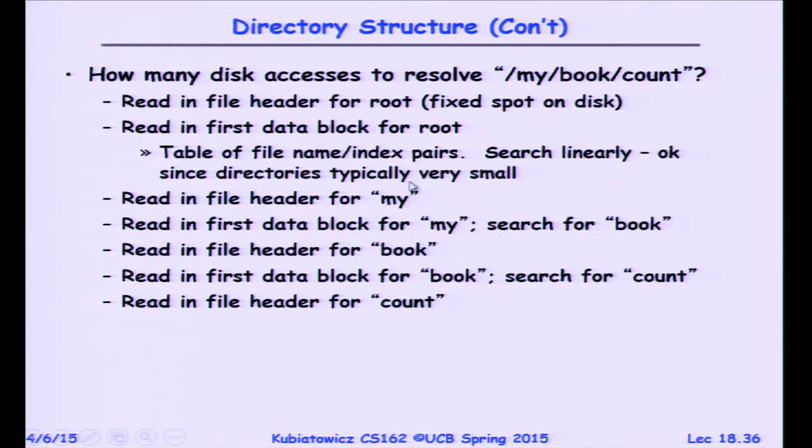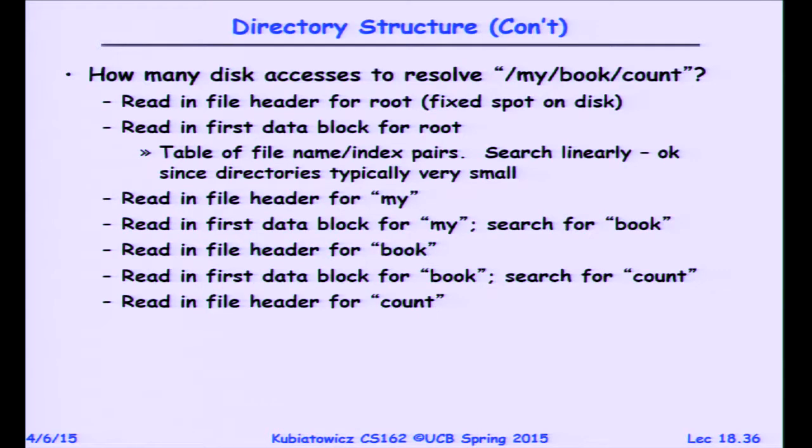Then that points you at the my directory file, and you open it up. First data block for my, you search for book, and then you open the book one, you search that until you find count. Then you read in the file header for count, and at that point you can finally read the file count.